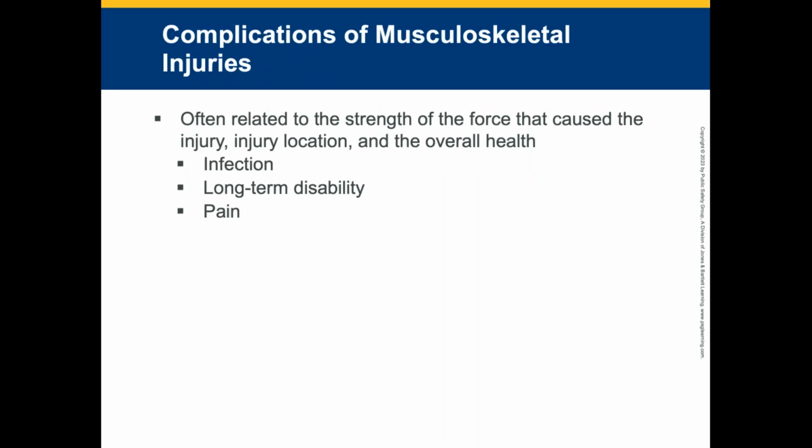As far as musculoskeletal injuries, they can lead to numerous complications, often related to the strength and force that caused the injury, injury location, and overall health. Obviously, infection, long-term disability, and pain. Prevent infection in open fractures by brushing away any debris on the skin surrounding the open fracture before applying a dressing.